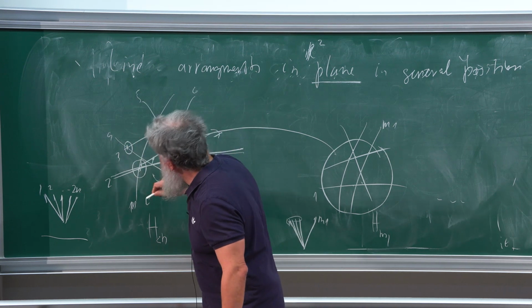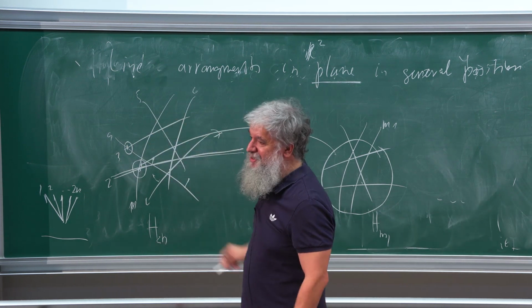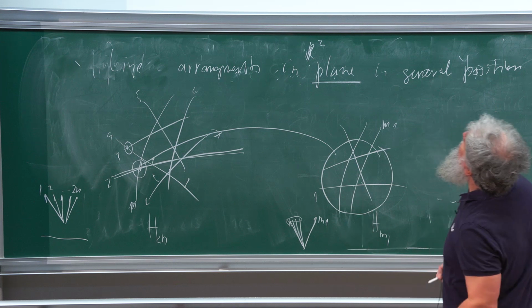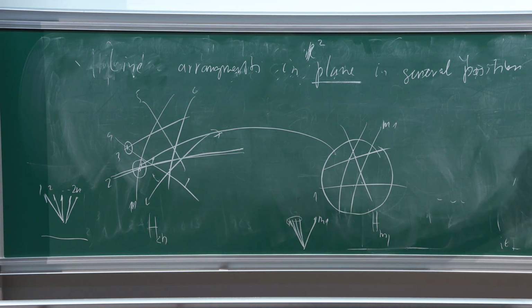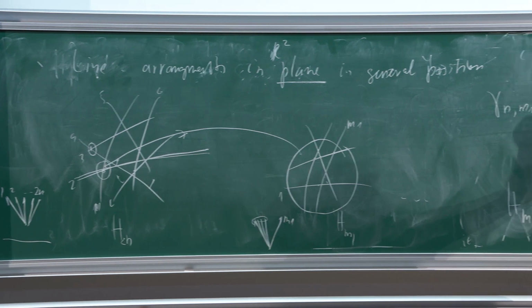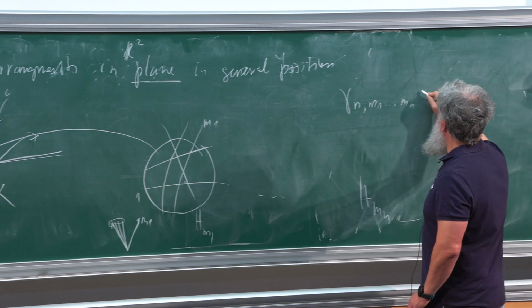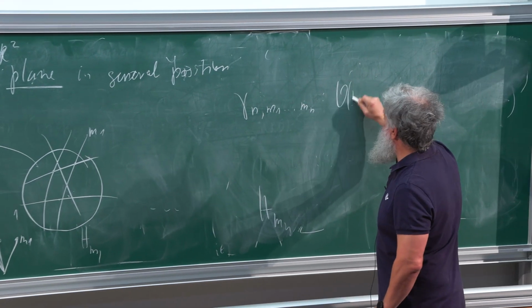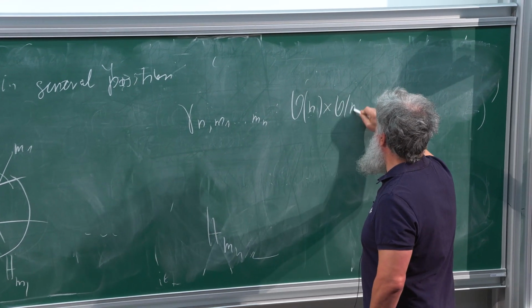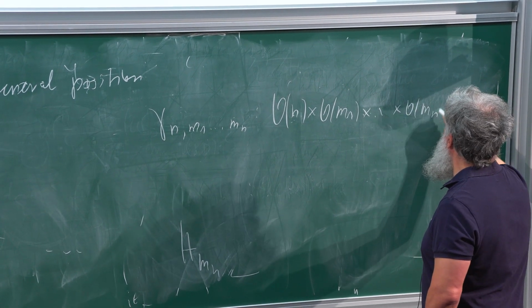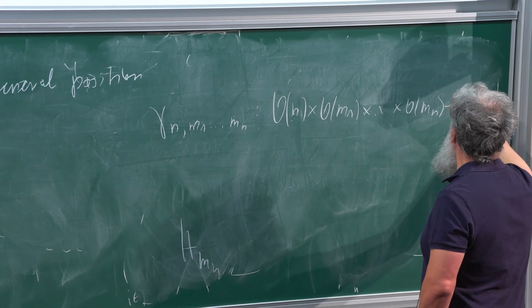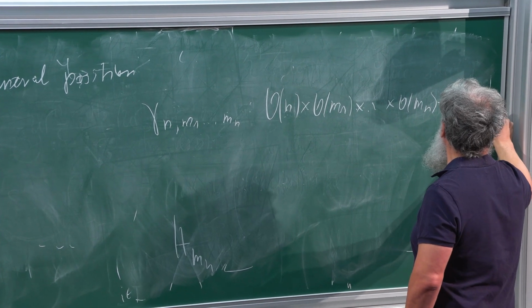Yeah, so then I just do this. And then, as it was in the operads, I just take a map from n, with objects M1, ..., Mn, so I take O(n) on O(M1), ..., O(Mn), and this goes to O(M1 + ... + Mn).